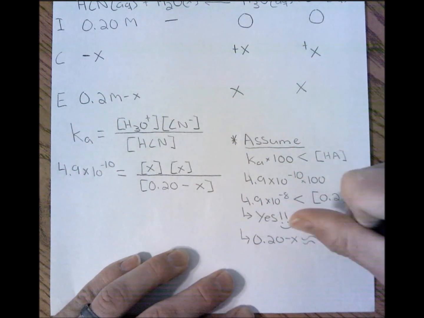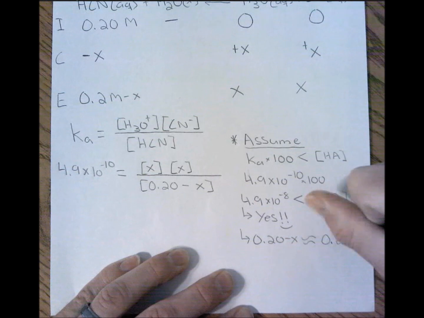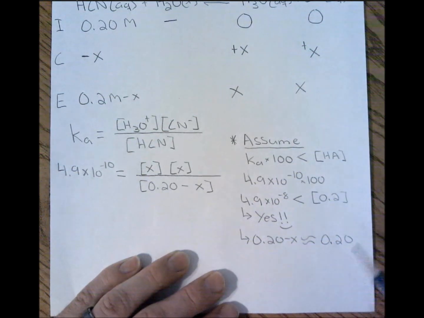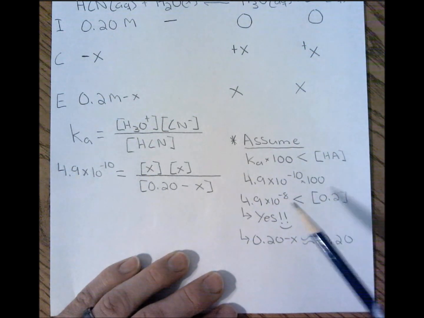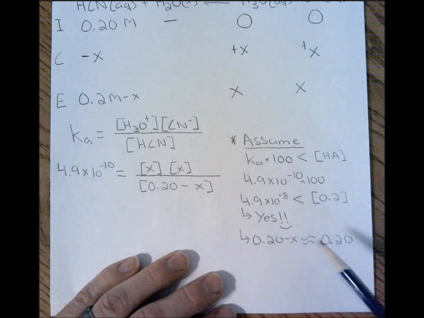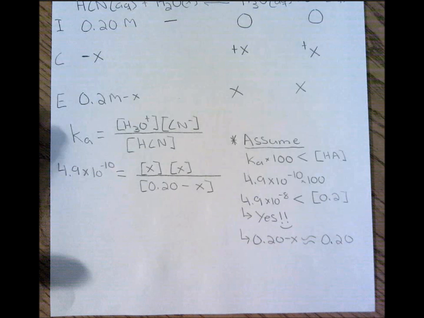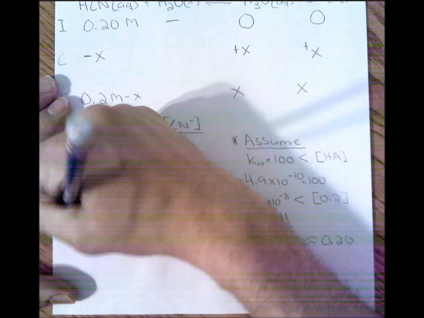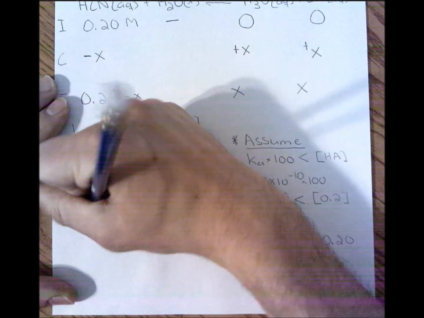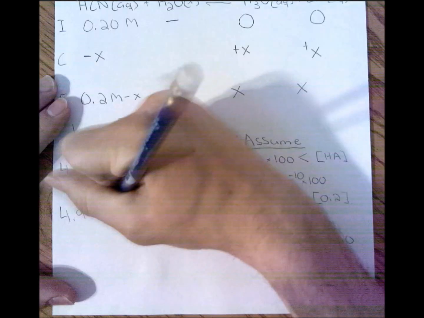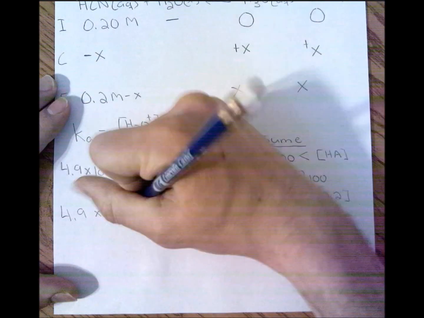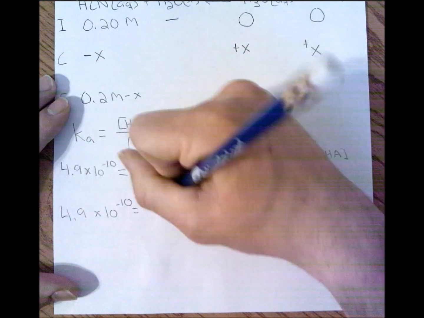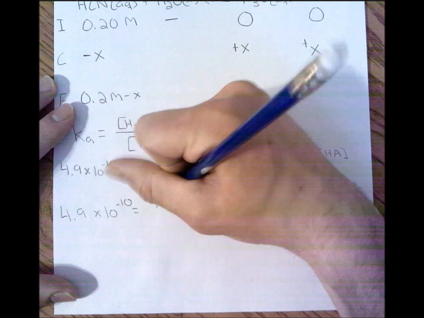So I'm going to rewrite this with our assumption: 4.9 times 10 to the negative 10th equals x squared divided by, here's our assumption, 0.2.